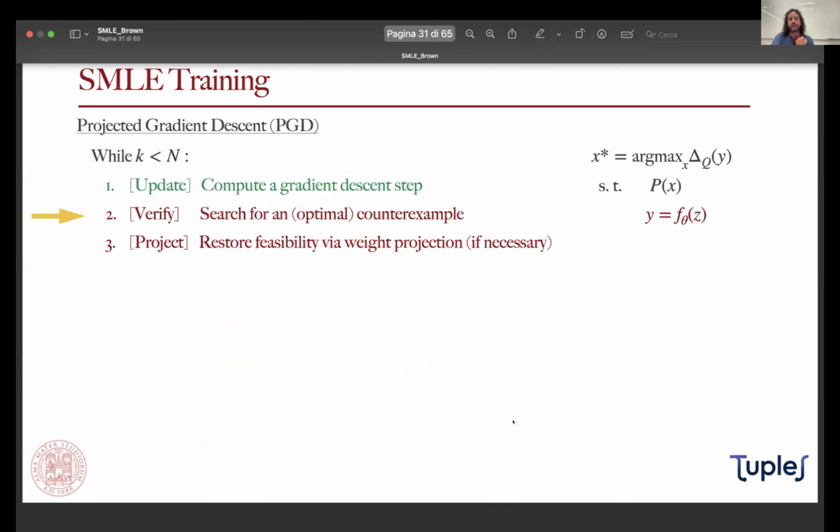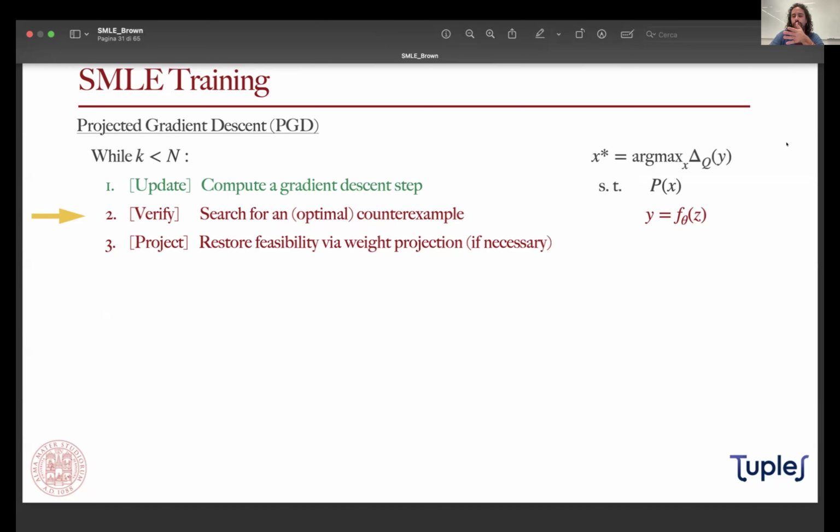Now, if we go back to our algorithm, to our PGD, with this in mind, if you remember, we got stuck at this point, okay? So we were unable to efficiently verify our network, to efficiently solve this optimization problem. What we can do now is the following.